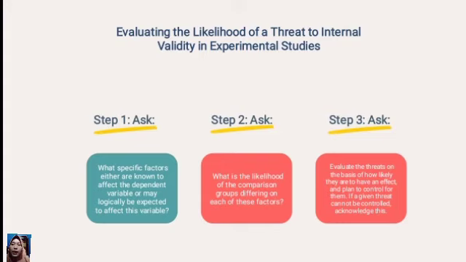The question that the researcher must ask is how likely is it that any particular threat exists in this study? To aid in assessing this likelihood, there are three steps.